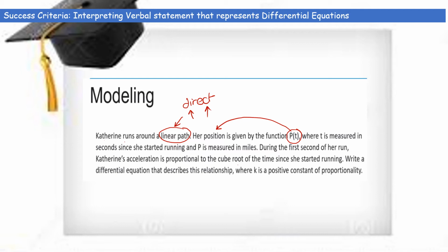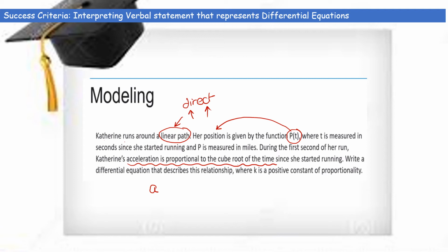During the first second of her run, Catherine's acceleration is proportional to the cube root of the time. So from here I can write the mathematical form: acceleration A is proportional to. Remember that to express inverse proportionality, they always write the word inversely.